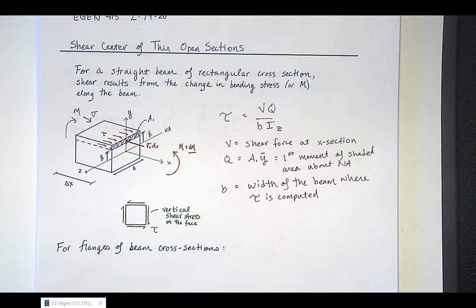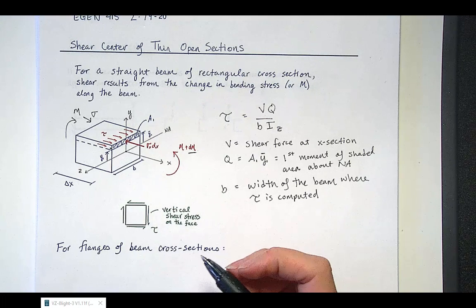So you could have a box shape, and it wouldn't be the total distance between the two edges because you have a hollow space in the middle. So it would just be whatever width has actual material associated with it.